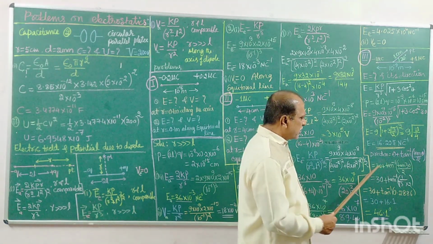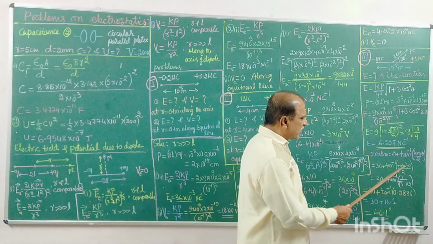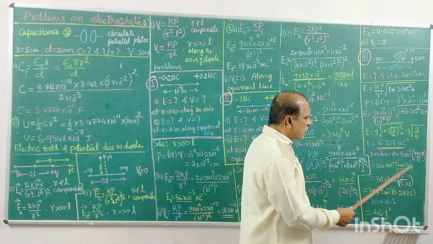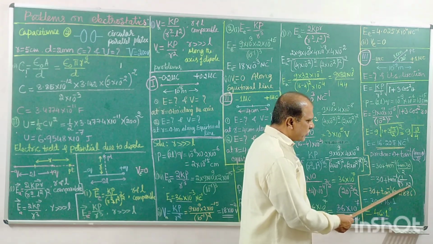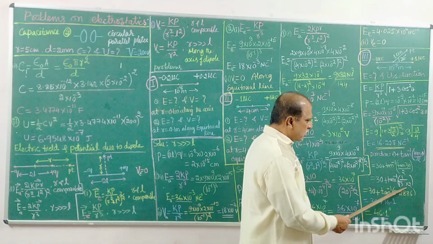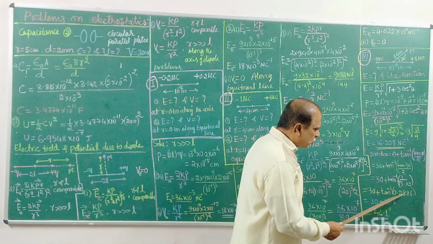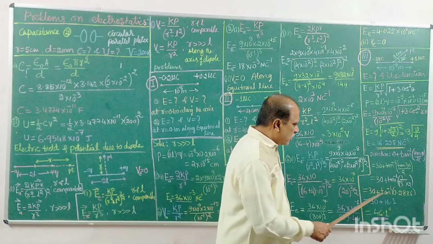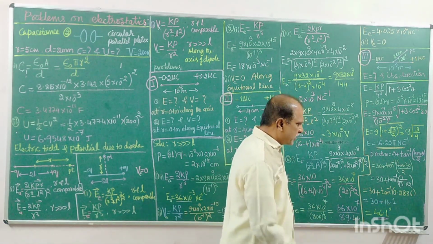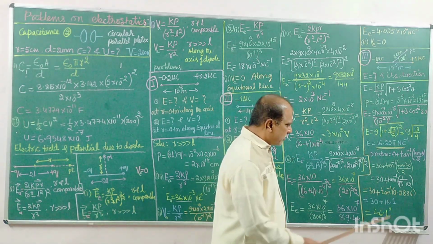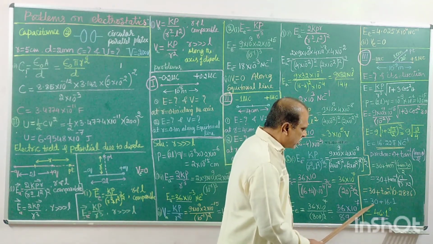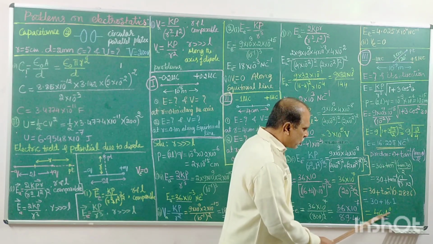Here theta is 30 degree plus tan inverse of tan 30 by 2. Tan 30 value is 1 by root 3, divided by 2. Simplify this, you get 0.2886. Tan inverse of this, find from the table, is 16.1. 30 plus that is 46.1 degree.